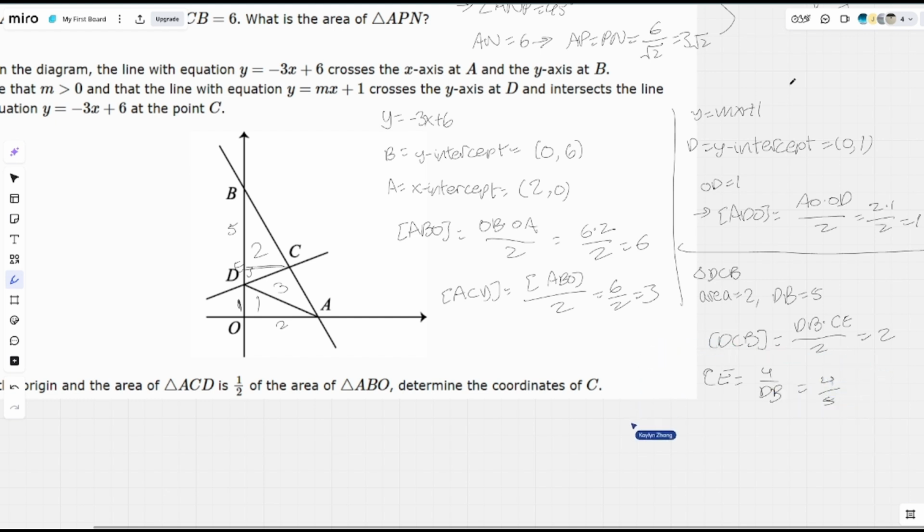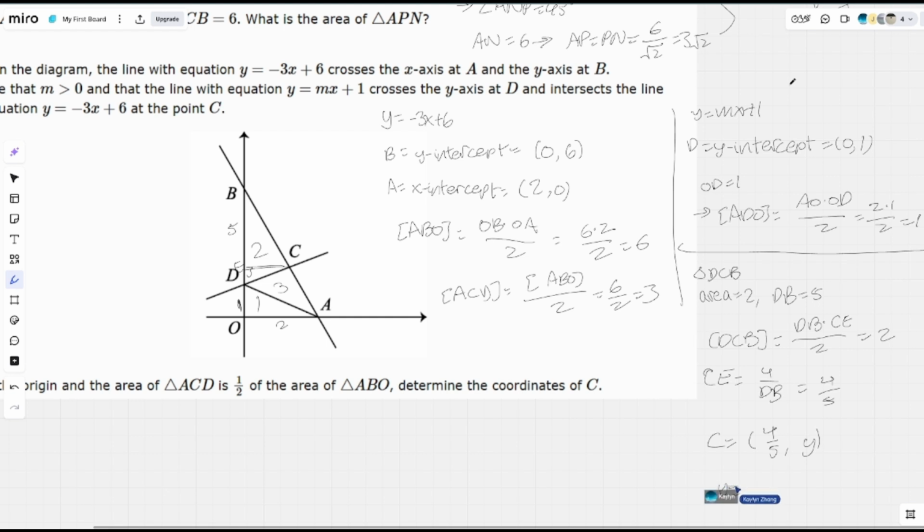So that means that the distance from C to the y-axis is equal to 4 over 5, which means that point C's x-coordinate is 4 over 5. And we still don't know its y-coordinate, but we can find that out by plugging this value into y is equal to negative 3x plus 6 because C is on that line.